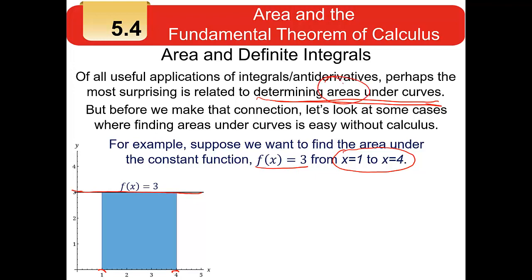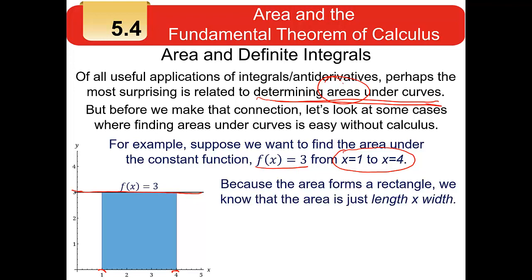And we're looking for area. Well, you learned how to use geometry to find areas of rectangles ages ago. What's the area of a rectangle? It's just length times width. So look at the drawing here and figure out what the length and width are. If you think about it, f of x equals 3 means it goes up to height 3, so that height of the rectangle is 3.